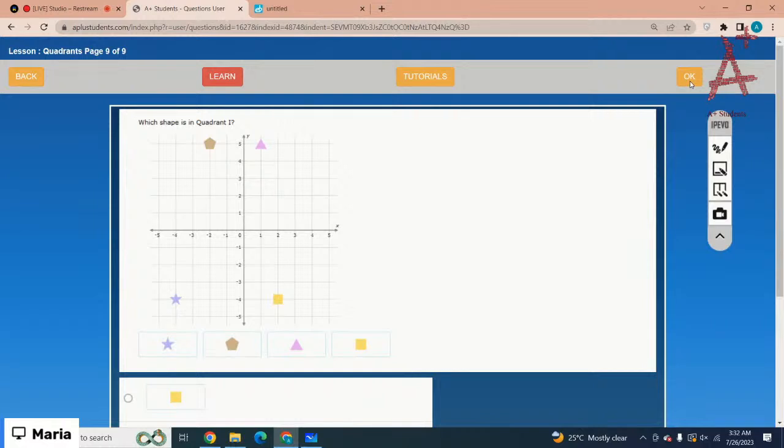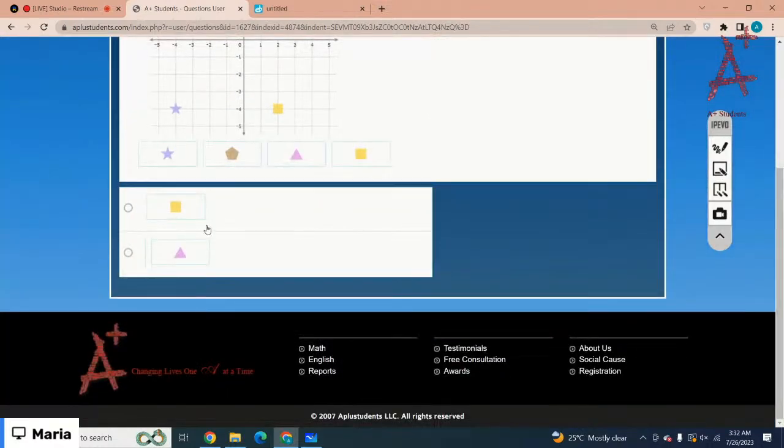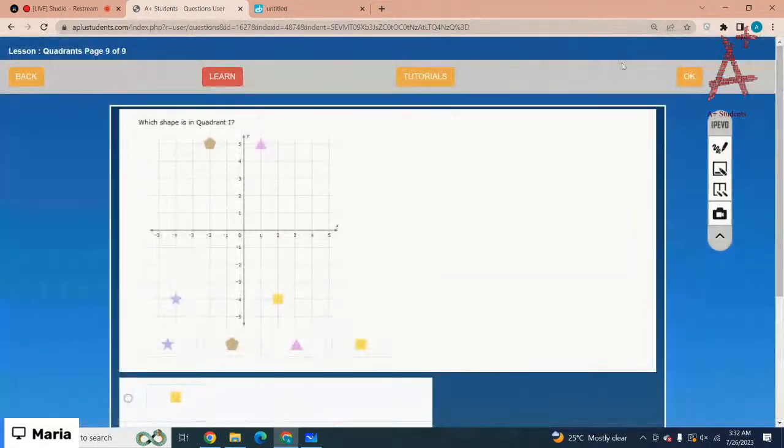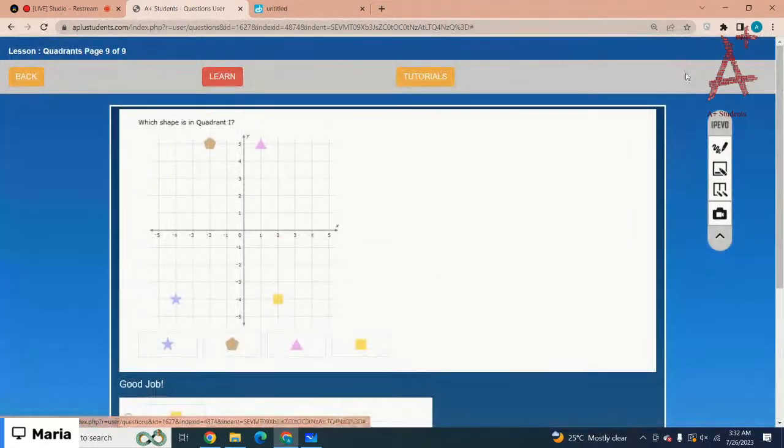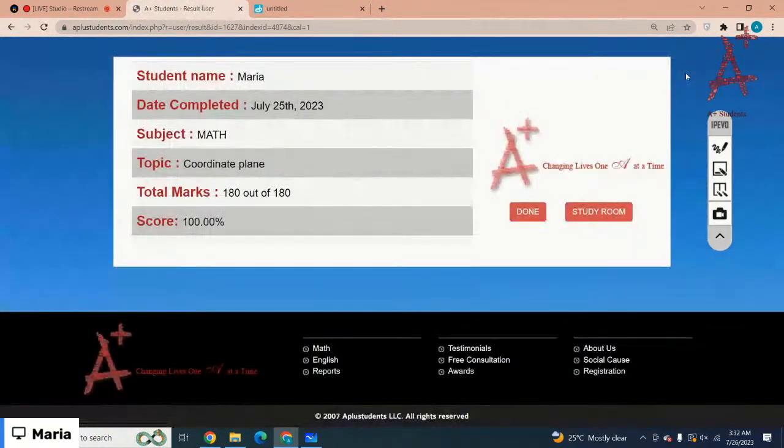Which is the correct option? In quadrant 1 you have a triangle, so the correct option is a triangle. Okay, we are done with the lesson. Let's start with the next lesson.